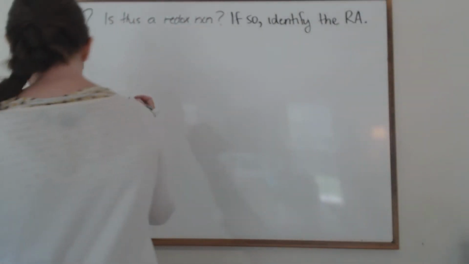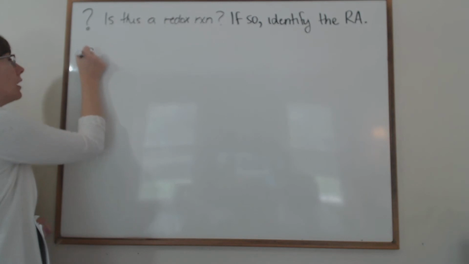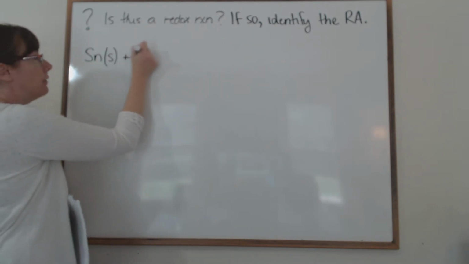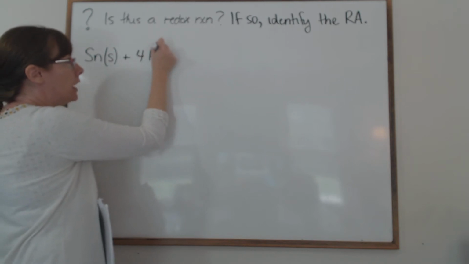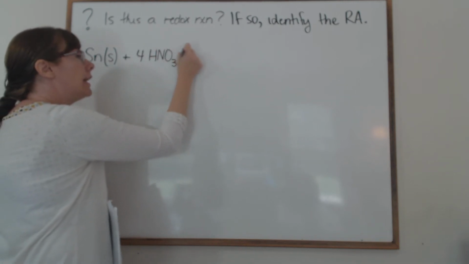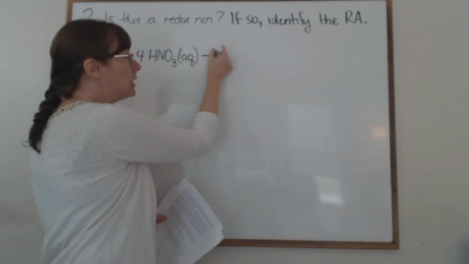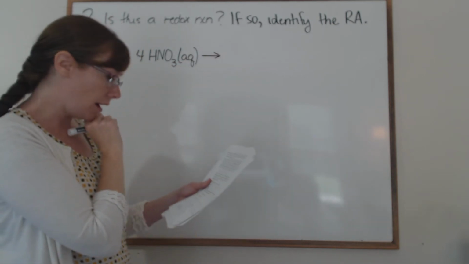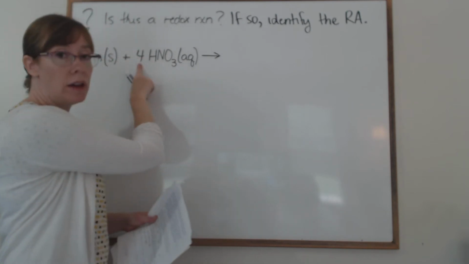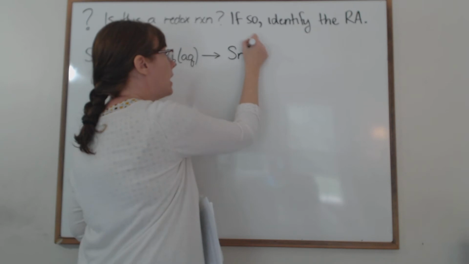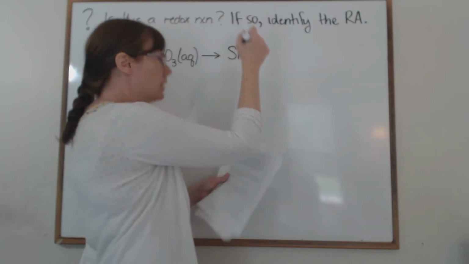So let me write the reaction down. Tin, solid tin, plus 4 nitric acid. Now I'm writing the phase labels just because I have them, but as you'll remember, they do not affect redox reactions, nor do the coefficients. SnO2, solid.